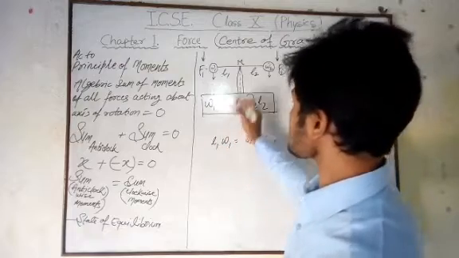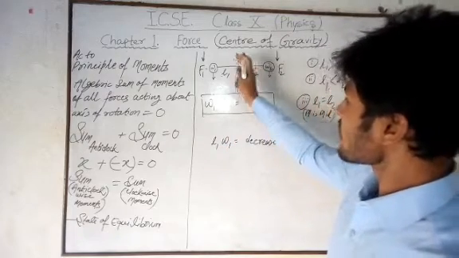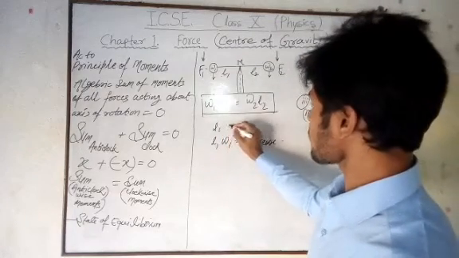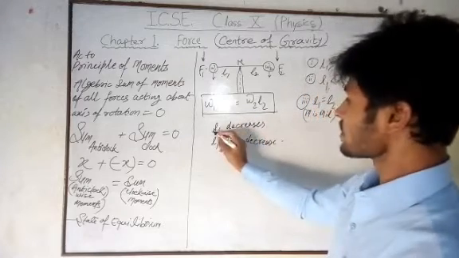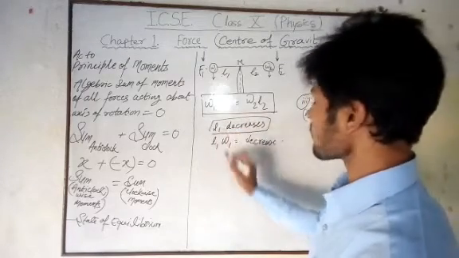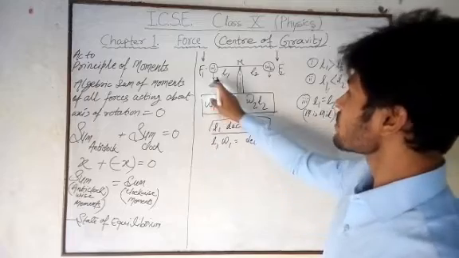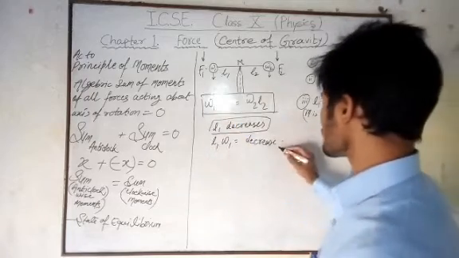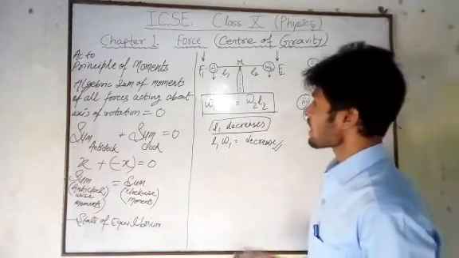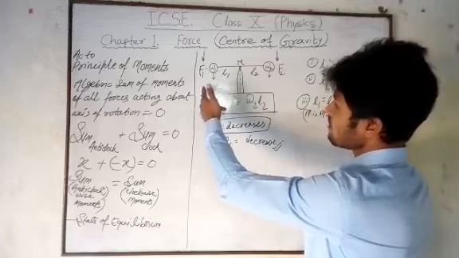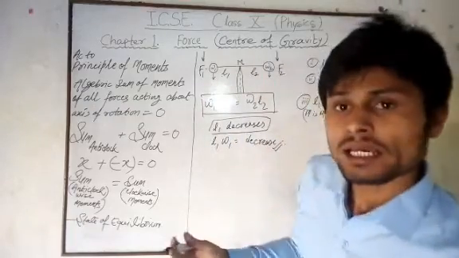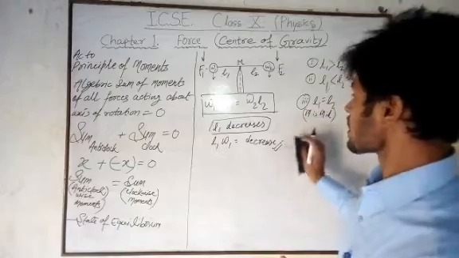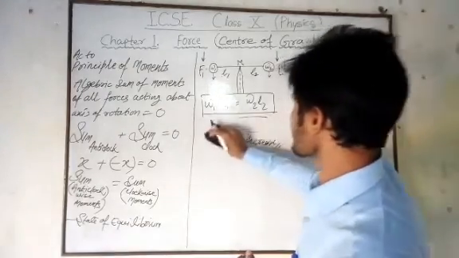Due to the decrease of L1, the moment due to weight W1 also decreases. So the anticlockwise moment will be smaller as compared to the clockwise moment, and the body is now not in the state of equilibrium.